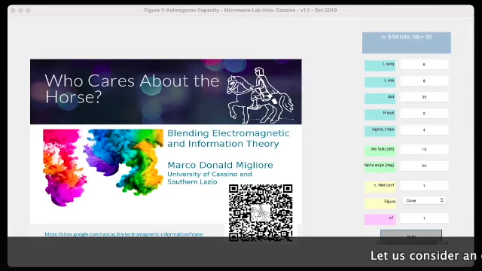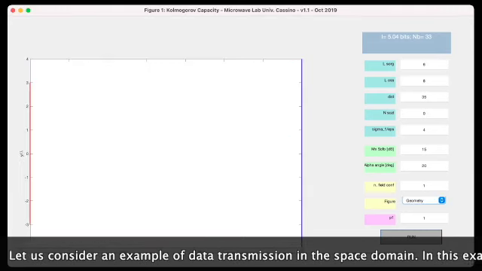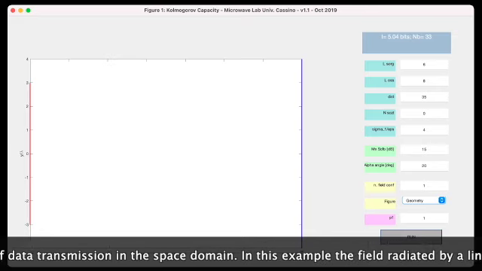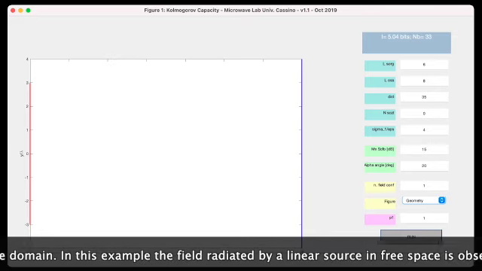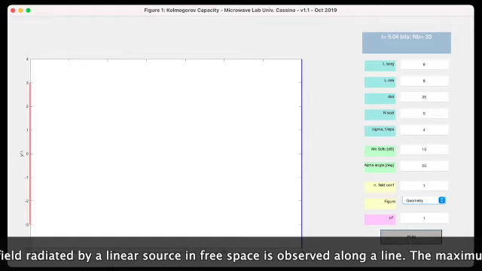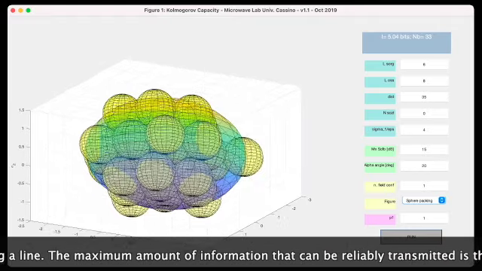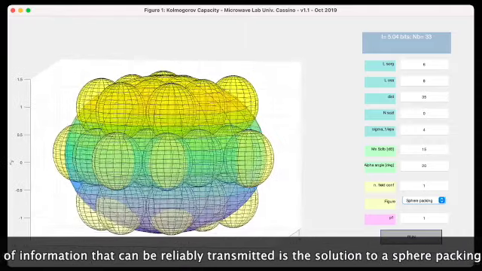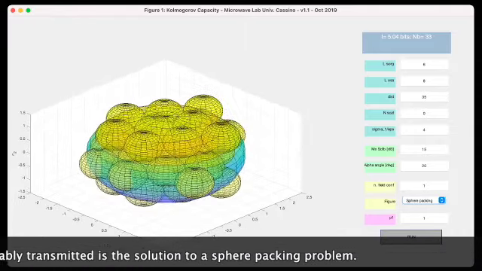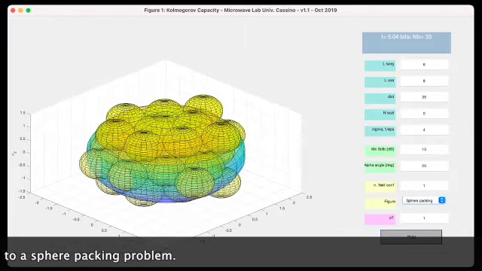Let us consider an example of data transmission in the space domain. In this example, the field radiated by a linear source in free space is observed along a line. The maximum amount of information that can be reliably transmitted is the solution to a sphere packing problem.